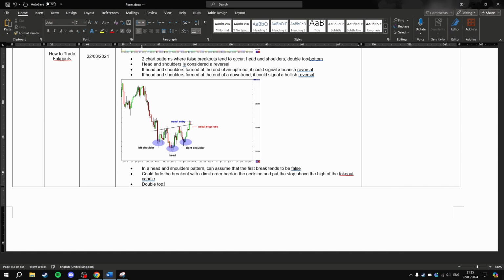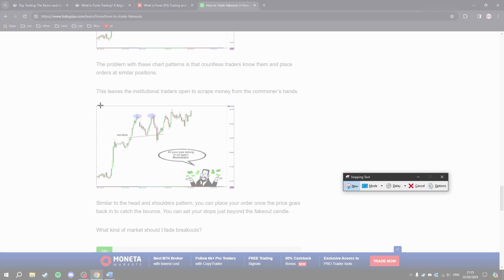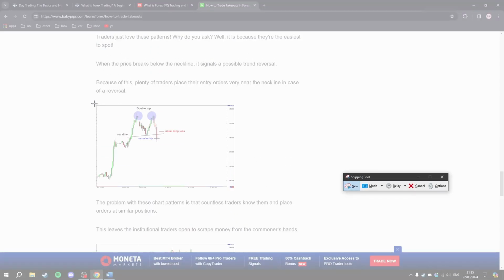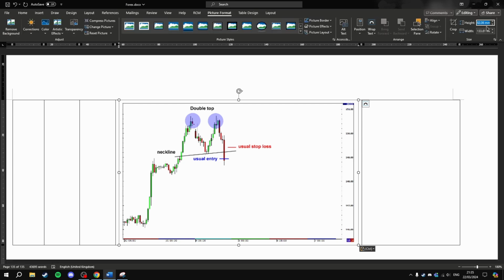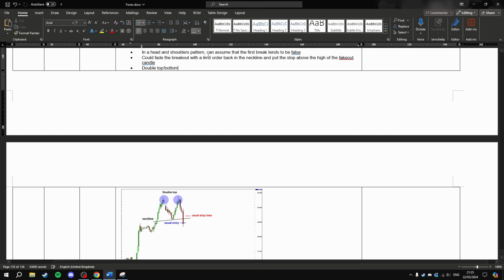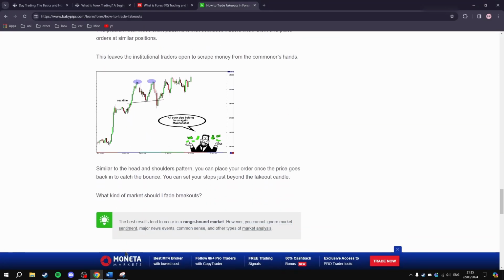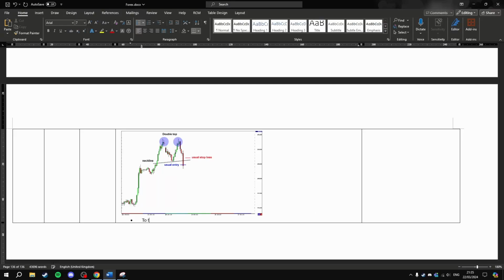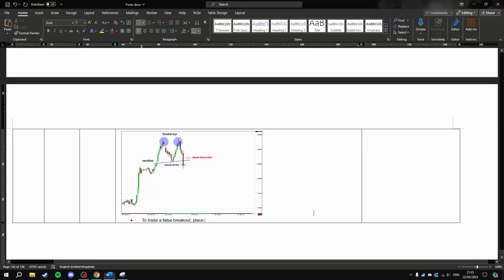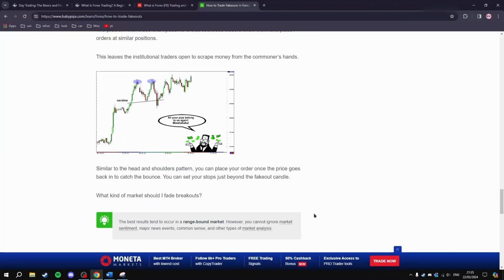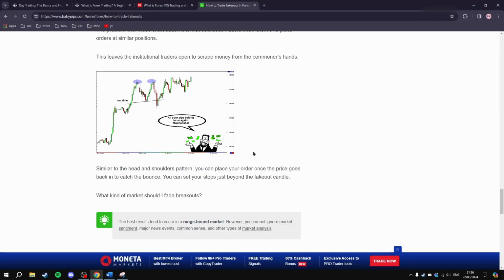Double tops slash bottoms. Let's just write: to trade a false breakout, place the order once price goes back in, so in this case once the price goes back above the neckline, to catch the bounce.